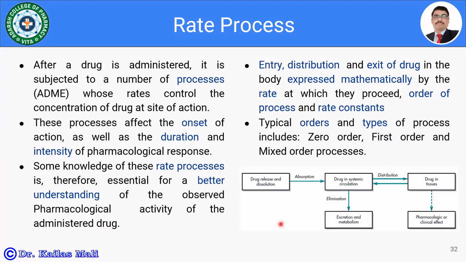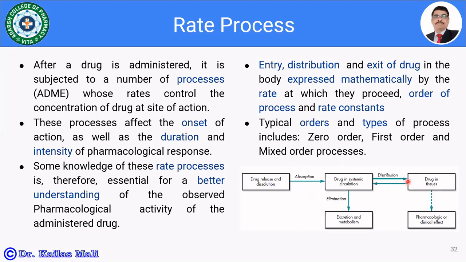Look at this figure. Here the drug is present in the dissolution medium and is going to be absorbed into the systemic circulation. So here there is one rate process, then again there is distribution.